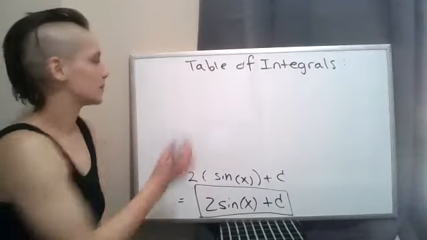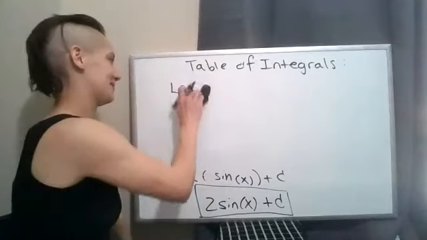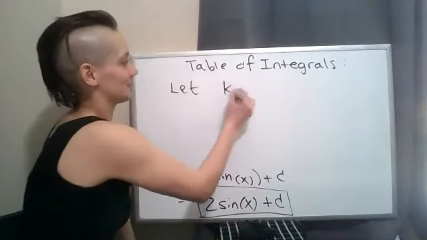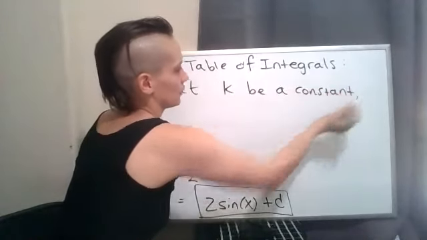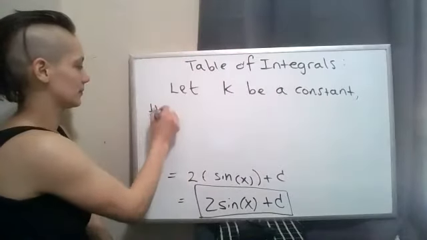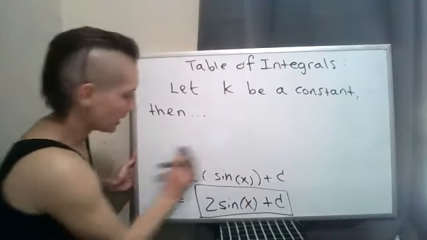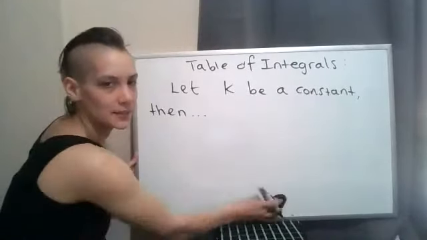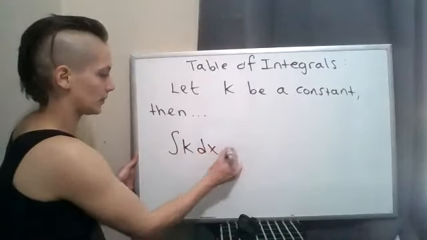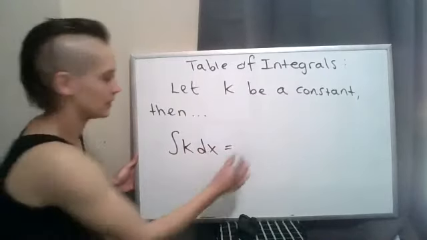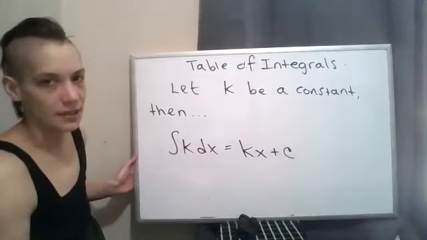So k is a number. Okay, first one, the integral of k with respect to x is going to be kx plus c. That number times the variable x add some other number, we call it c.